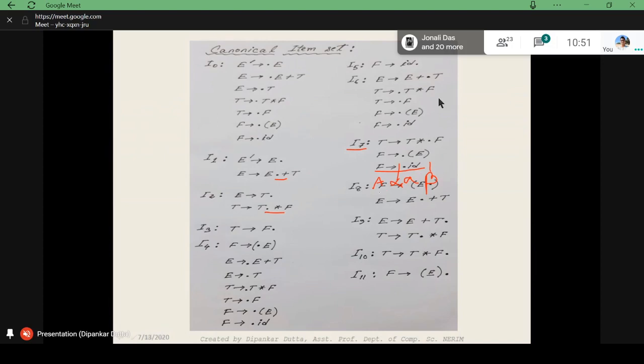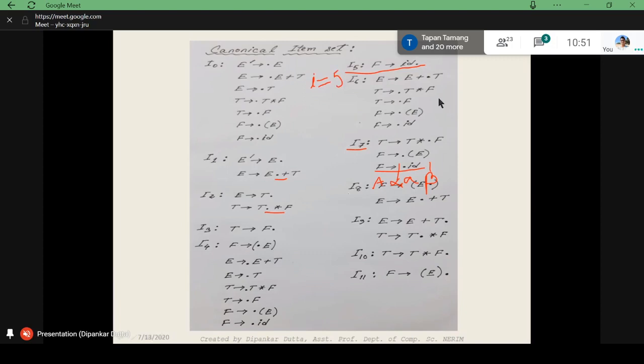A implies alpha A dot, that is F implies ID dot. Where is it available? It is available in I5. So what is the value of small i now? In this case, it is 5.